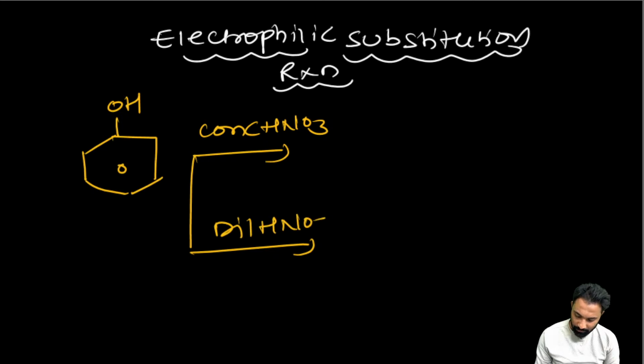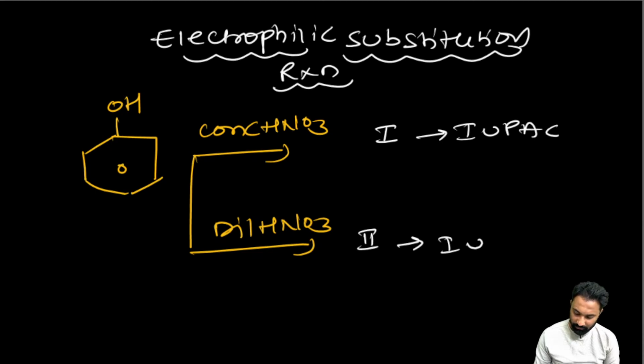If concentrated HNO3 is given, what is the product? And if dilute HNO3 is given, what is the product? This is one, and this is two. Give the IUPAC name for each.